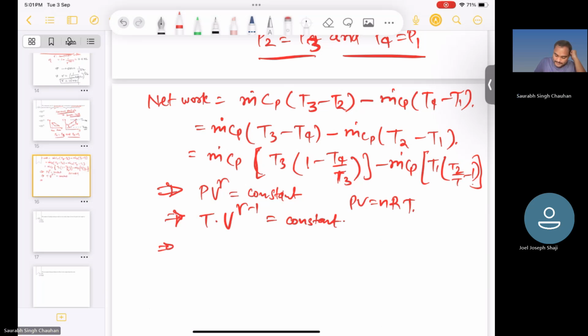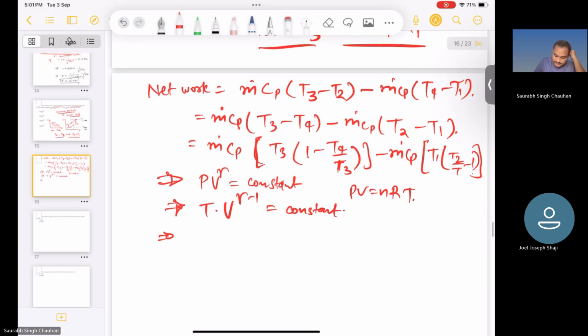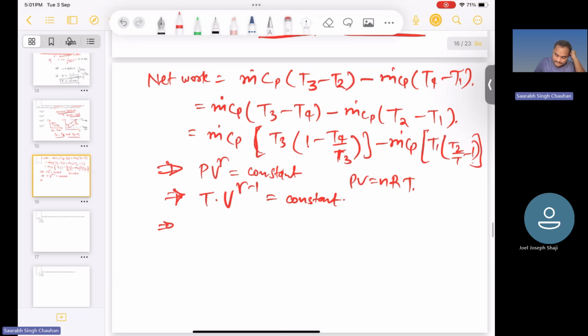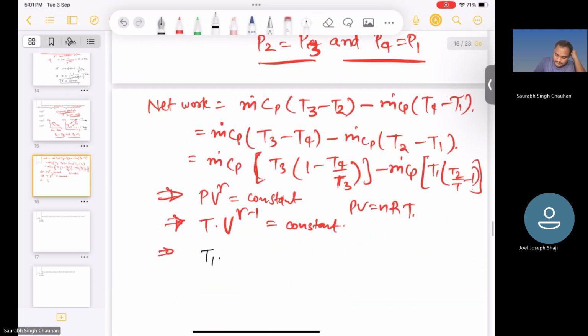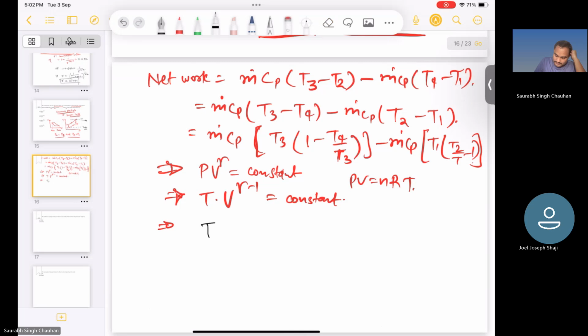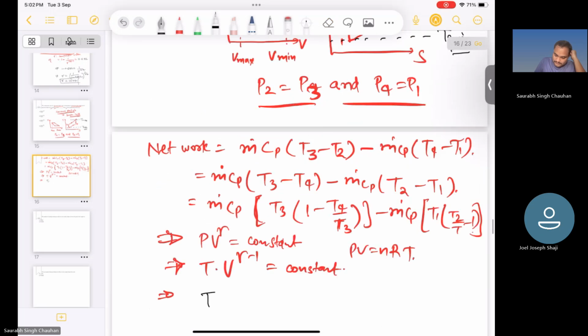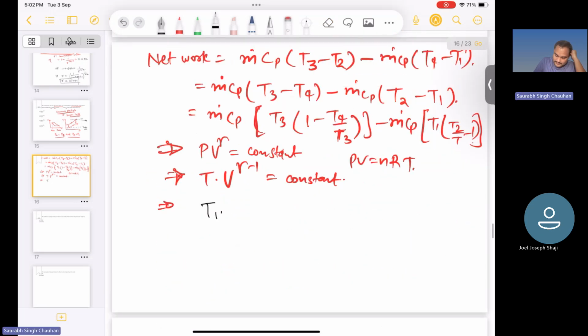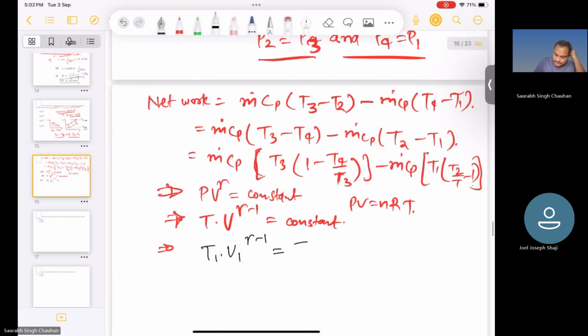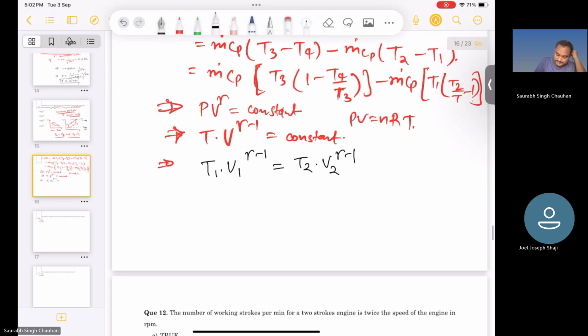So you can write T1 V1 to the power gamma minus 1 is equal to T2 V2 to the power gamma minus 1.